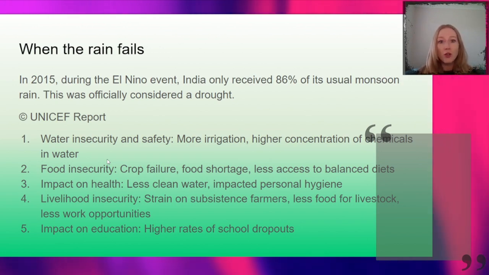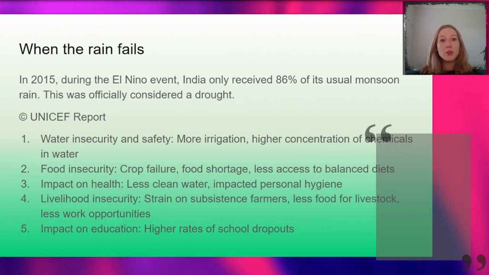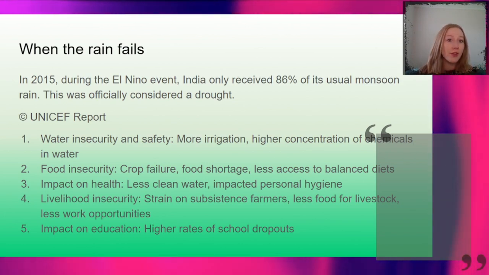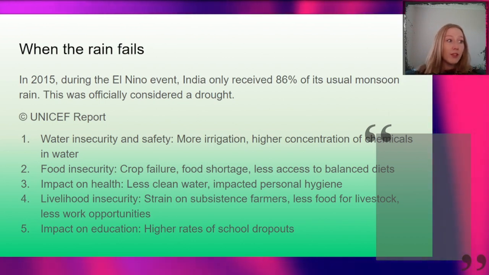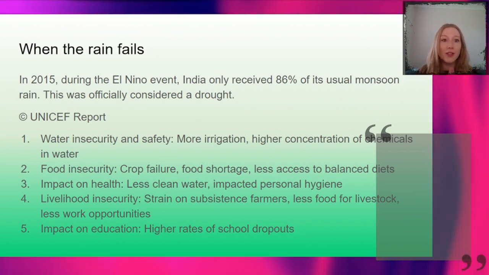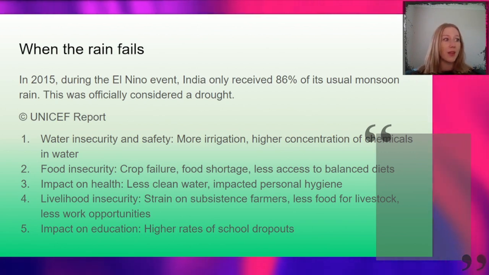So, crop failure, crops not getting enough water, especially in those tropical areas, where you have crops that are very water demanding and very sensitive to not getting enough water. If you have a crop failure, that does mean no food. And that's not a case of no food for shops or markets or something.